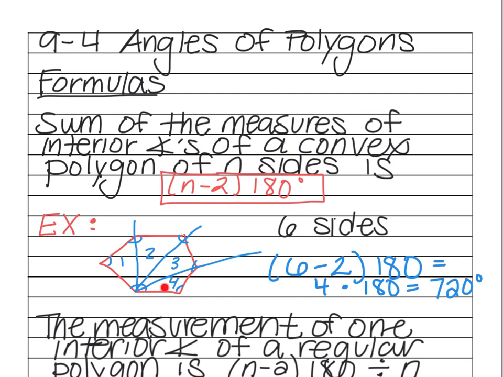If you notice, I have 4 triangles, and that's why we subtract 2 here, because that gives me 4, and we know that all of the angle measurements of a triangle add up to 180. So that's why we multiply 4 by 180. The book does a great job proving why, if you're interested in knowing more about why the formula works and how they add up to 180 in order to find the formula.